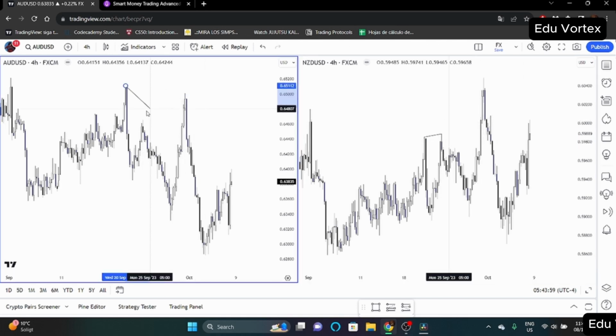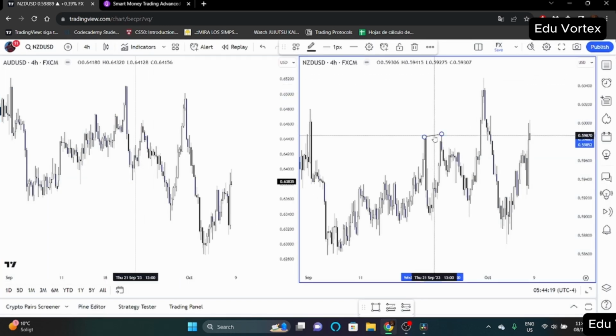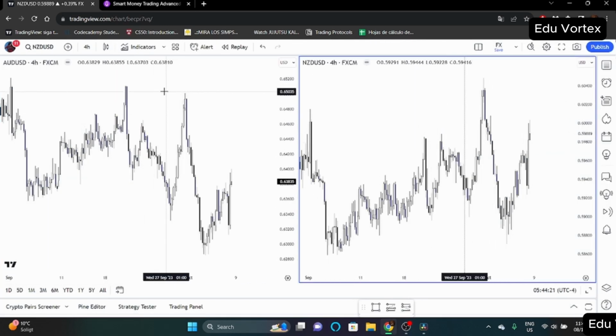We have this in the short term. We have this. This is because this was our sick pair. Every time there's a rally, we're going to have a huge rally on NZD, and AUD is not going to show that. Okay? And each time we go short, look at the falls on AUD.